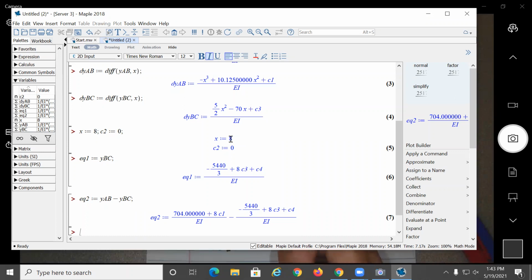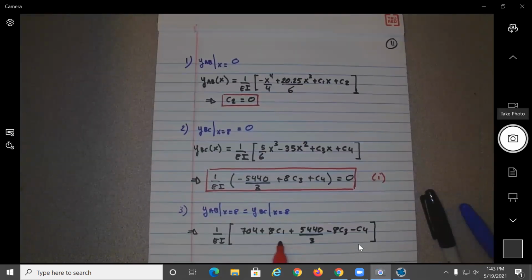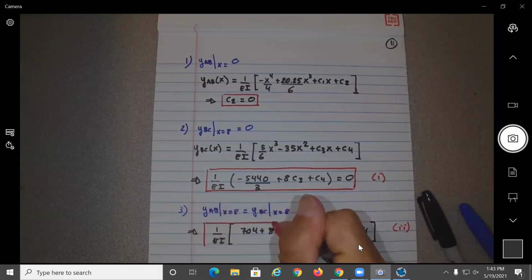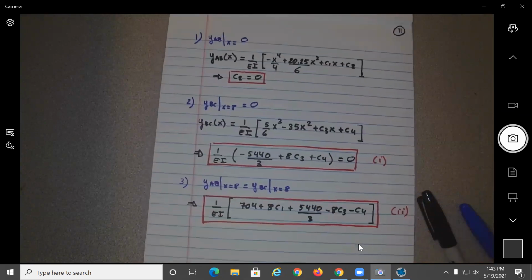So I guess plus 5,440 divided by 3 minus 8C3 minus C4. Okay, I just recopied that one. And again, now we have more unknowns. We have C1, C3, C4 as unknowns. So this will be our equation Roman numeral 2. But again, it's not a big issue because we can still write down equations.